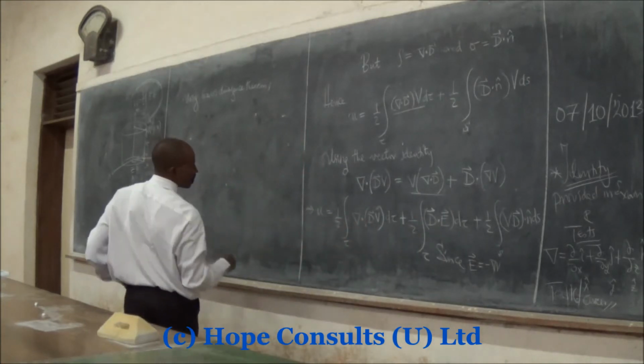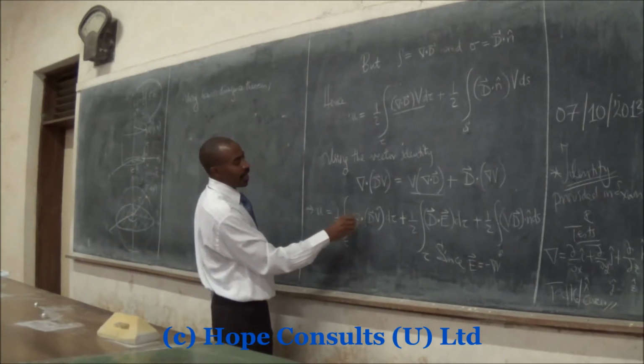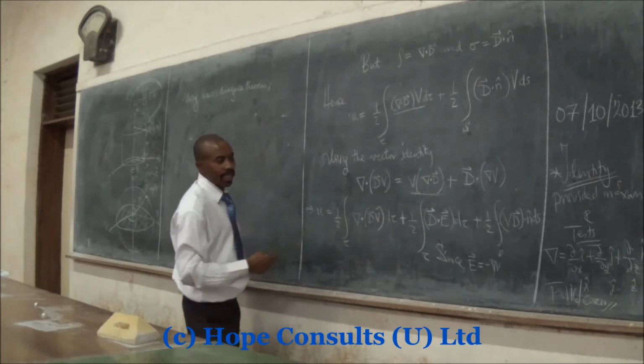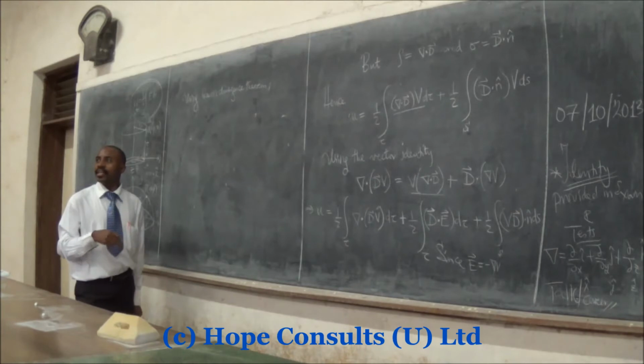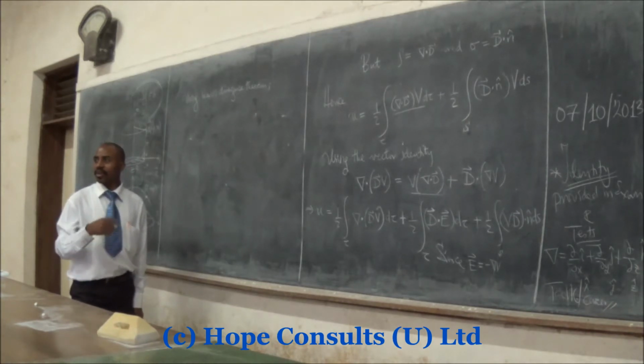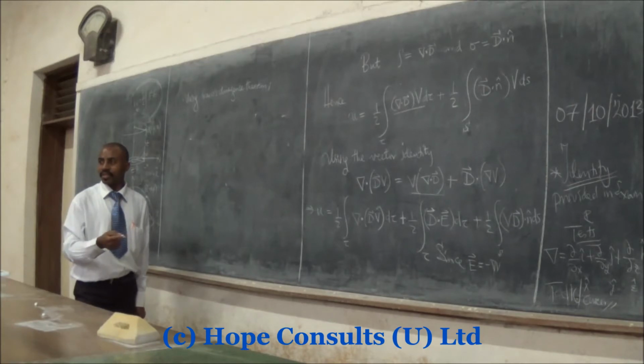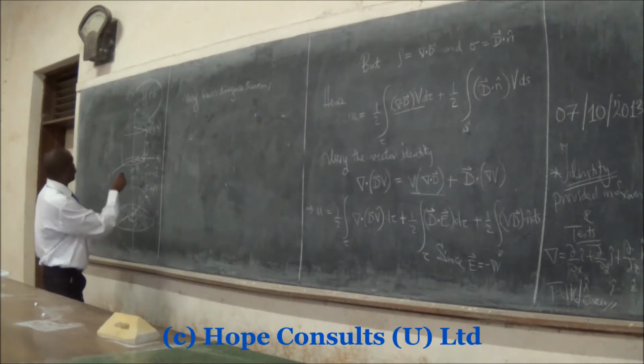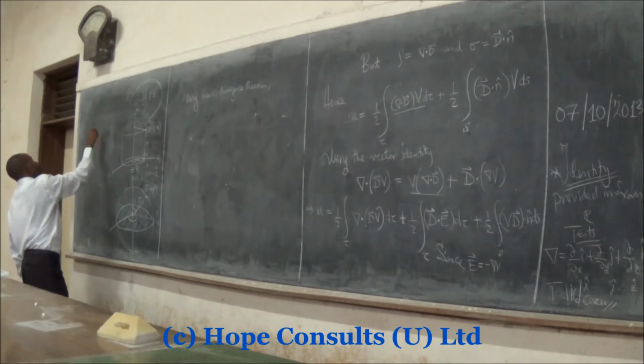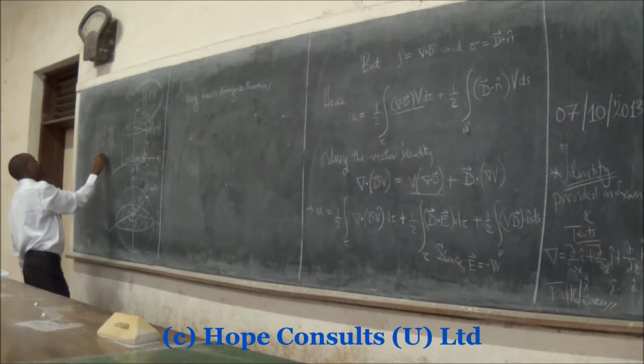Using Gauss's divergence theorem, if I'm transforming from a volume to a surface, the integral over the volume tau of the divergence of any vector A, d tau, can be changed into an integral over the surface S of A dot dS, and I will be done.